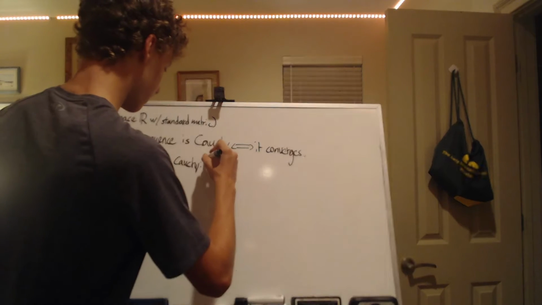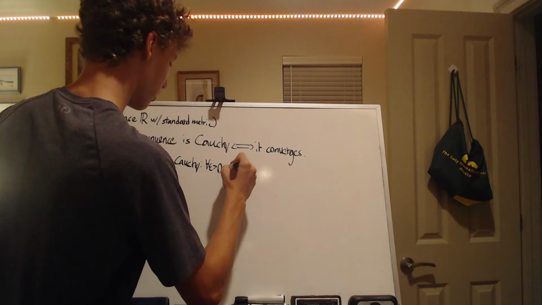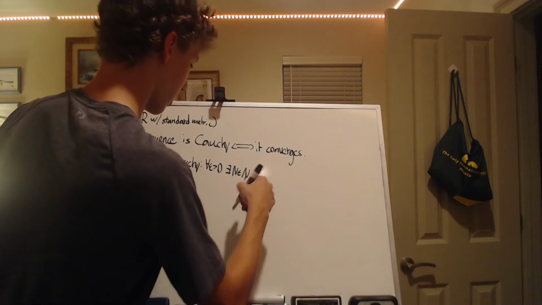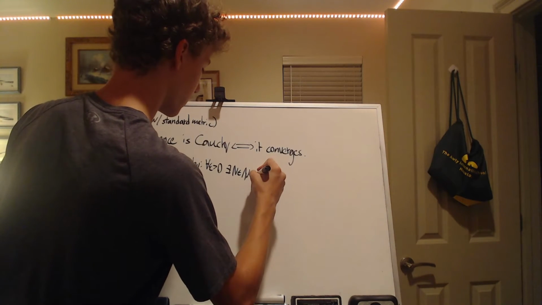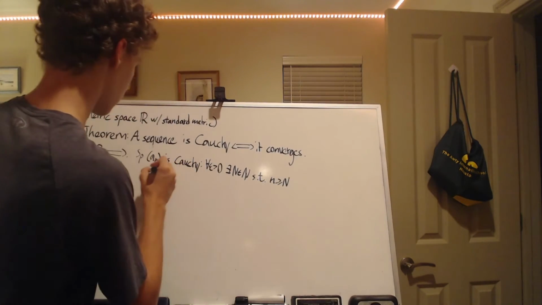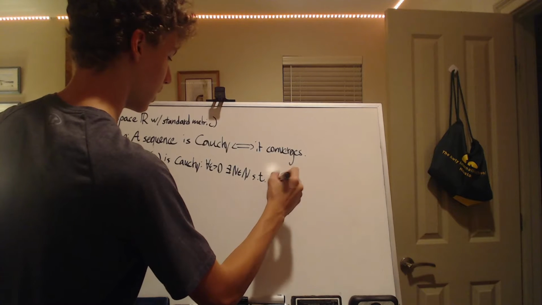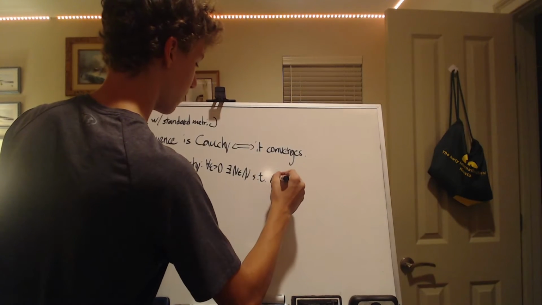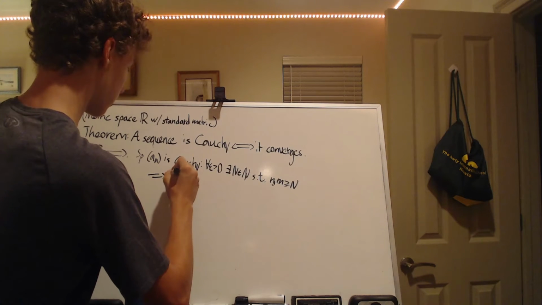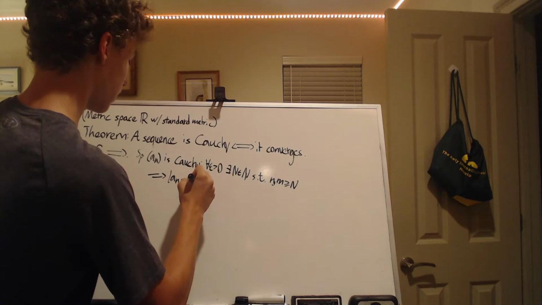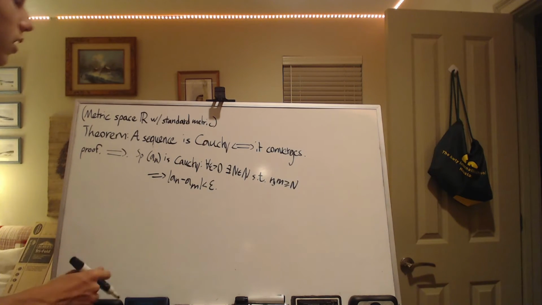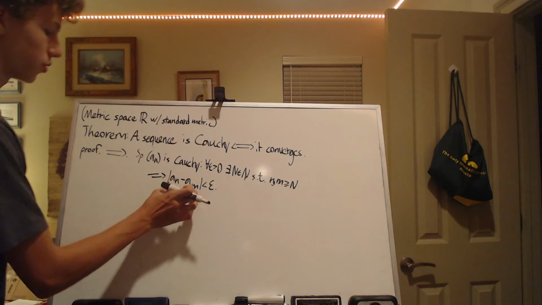We have that for all epsilon greater than 0, there exists a natural number capital N such that m and n greater than or equal to capital N implies that a sub n minus a sub m is less than epsilon. So these terms get closer and closer to one another.